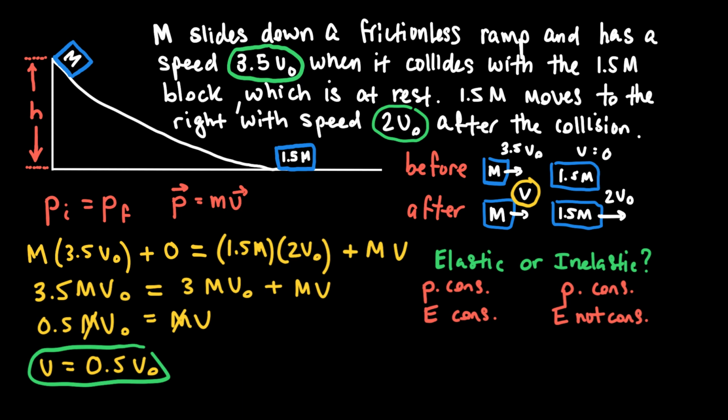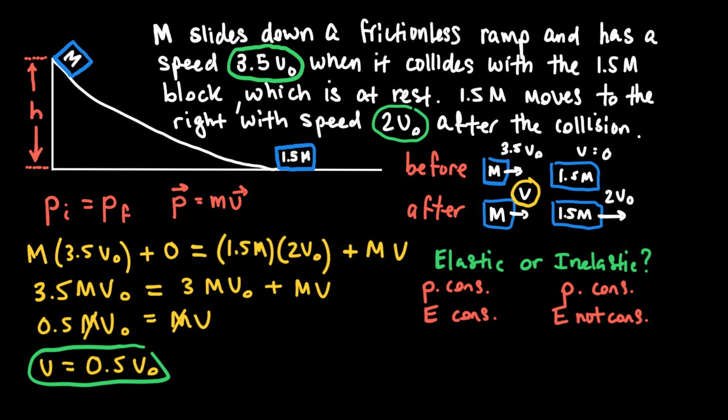After all of the gravitational potential energy of the block with mass m is converted into kinetic energy, and that block is at the bottom of the ramp, the only energy present in the system is kinetic energy. And so if the kinetic energy before the collision is equal to the kinetic energy after the collision, then the change in kinetic energy would be equal to 0.